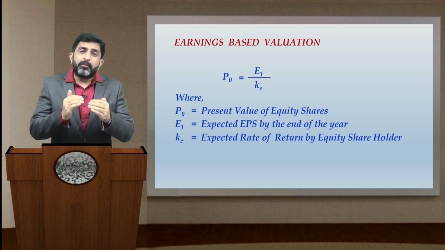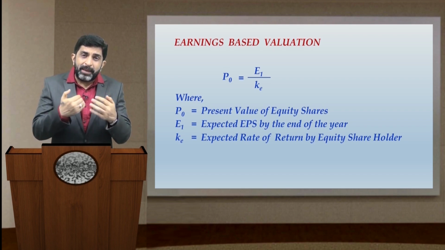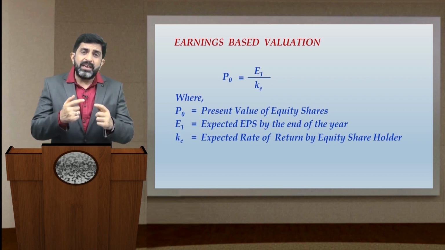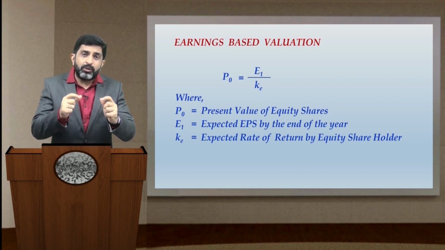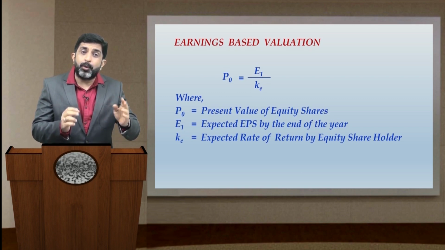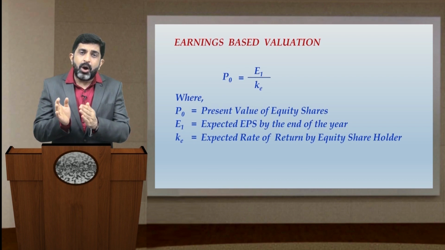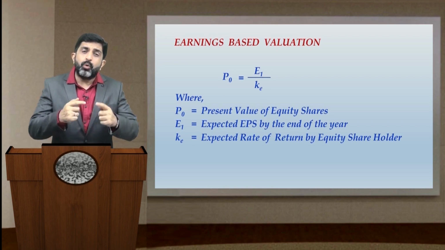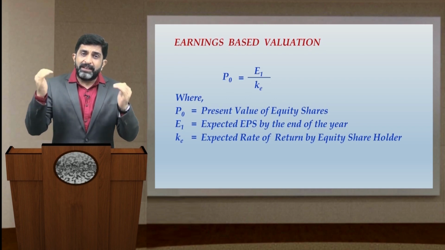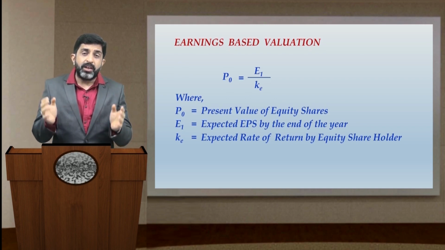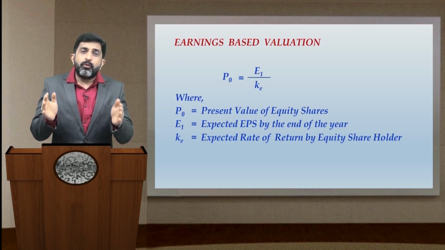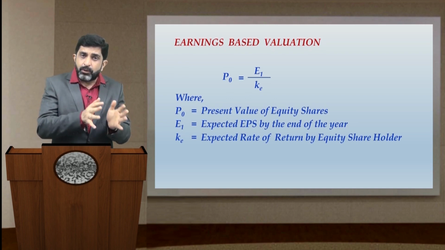So friends, when we talk about earnings based valuation, we have a little variation in this. We follow a calculation known as return on capital employed based valuation. Do you know what the rate of return on capital employed is? It is operating profit divided by total capital employed. In finance, total capital employed means debt plus equity.